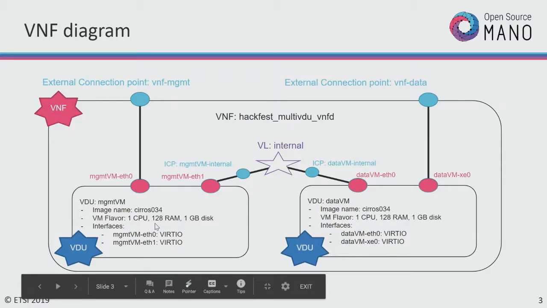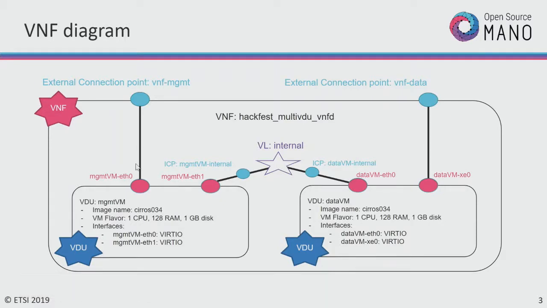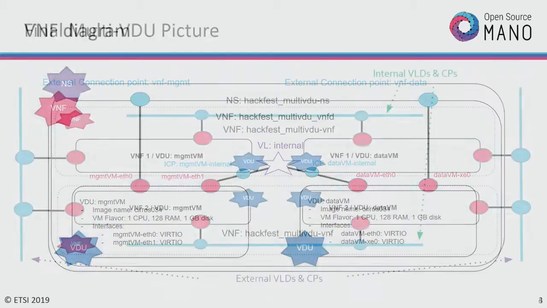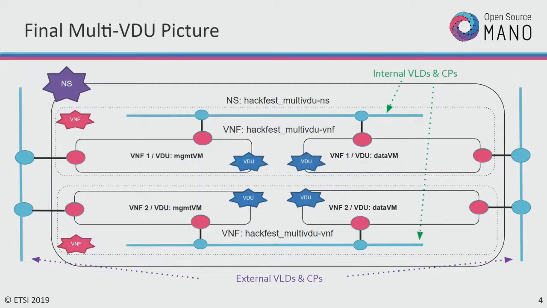One is an internal interface, and the other is an external interface, for which we are going to use an external connection point. This external connection point we are going to associate in the network service, as we did in the previous session. This is the final diagram that you are going to see, because if you use 2 VNFs and each VNF has 2 VDUs, in total we will have 4 virtual machines. Okay.